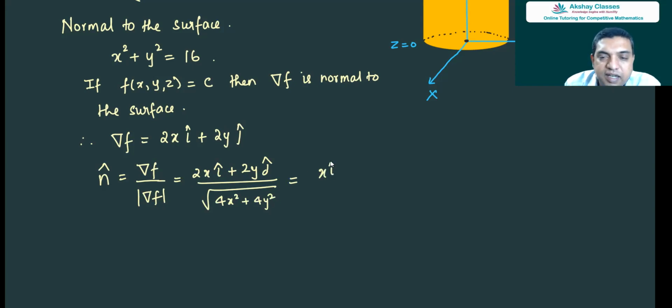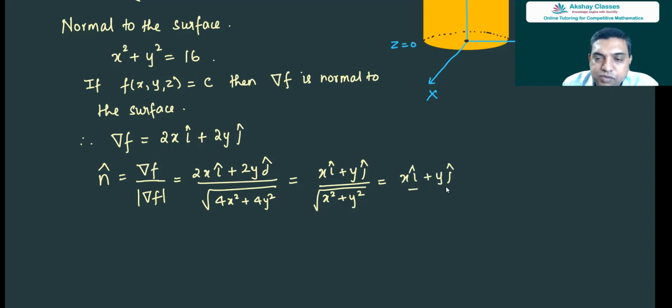So you get xi plus yj by under root of x square plus y square. Now x square plus y square is equal to 16. When you substitute, we get the unit normal as xi plus yj upon 4.